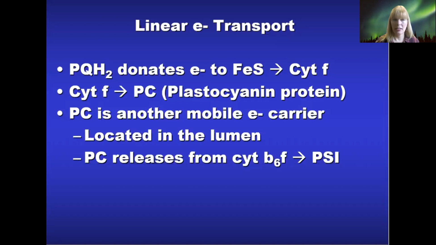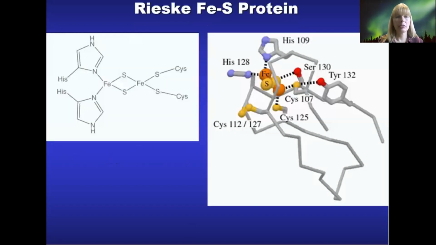Otherwise, plastocyanin has got to sit there and hang out and wait for all that to happen. I'm trying to get at the idea that we have to have a good, smooth regulation of the light reaction so that both photosystems are getting hit with the necessary light energy to keep them working in concert, so that by the time plastocyanin bumps into photosystem 1, it says, yes, give me that electron, and is able to just keep things ticking along.